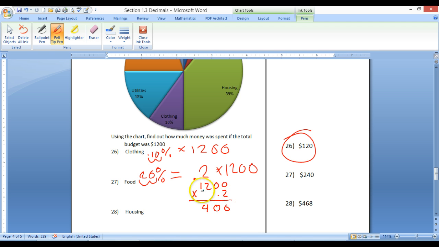And 2 times 1 is 2. And I need to count up how many decimal places I have. Again, I only have 1. So down here I'm going to move it over 1, which ends up being 240.